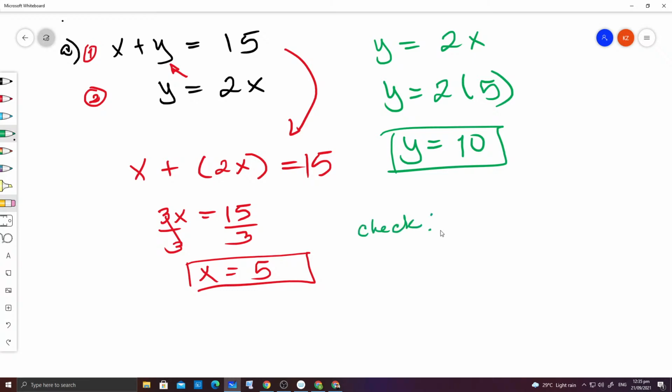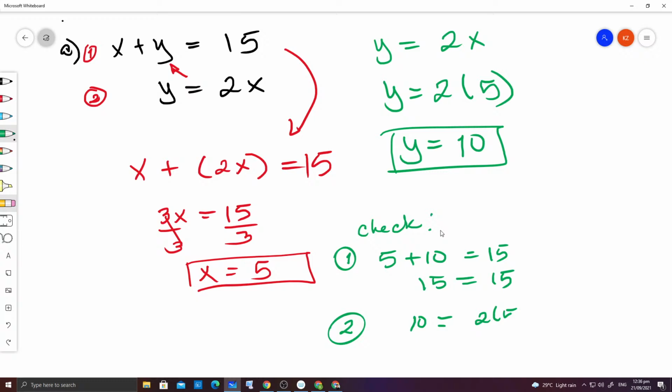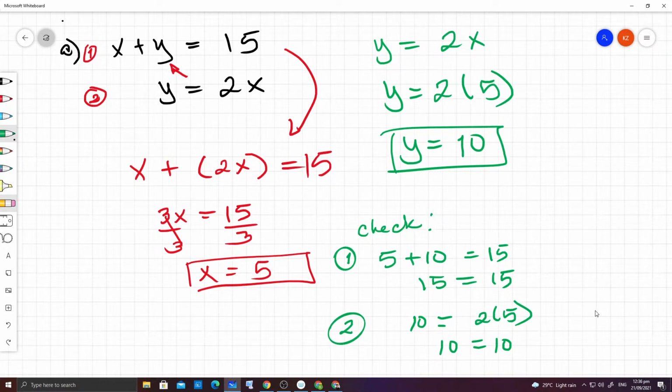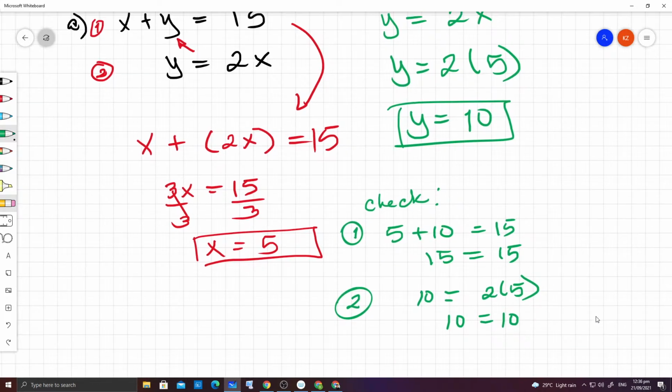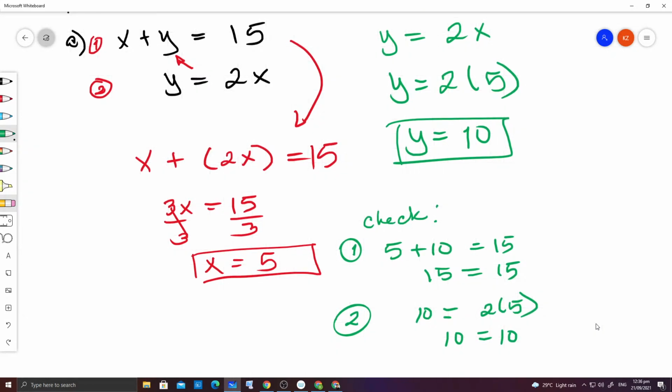From equation 1, x is 5, so 5 plus 10 equals 15. So 15 equals 15. And equation number 2, y equals 2x. So y is 10, and 2 times 5, then 10 equals 10. So that's how to solve.